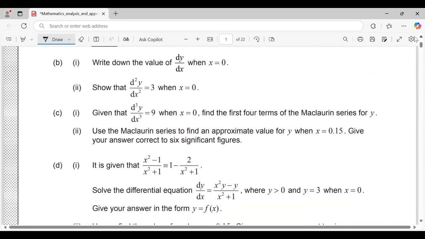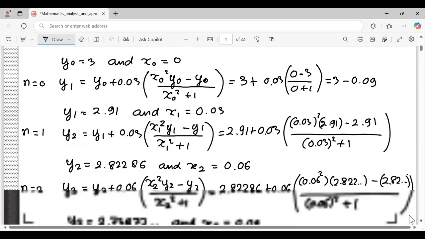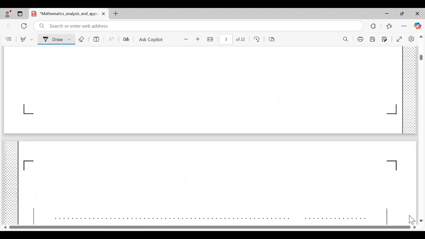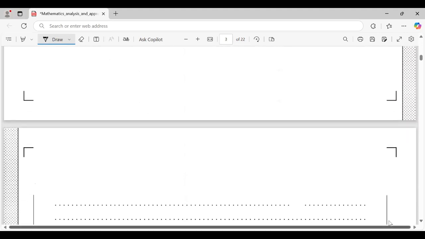So C, given that the third derivative equals 9 when x equals 0, find the first four terms of the Maclaurin series for y. Part C, part 1.